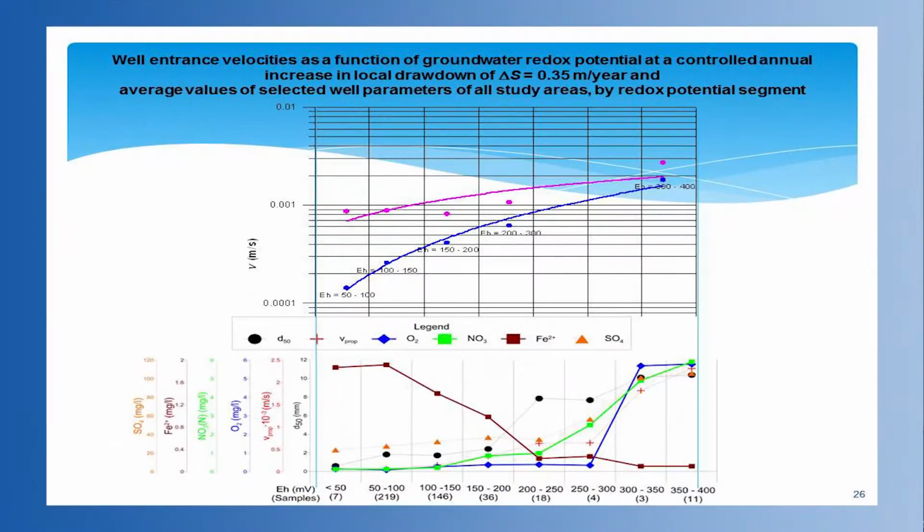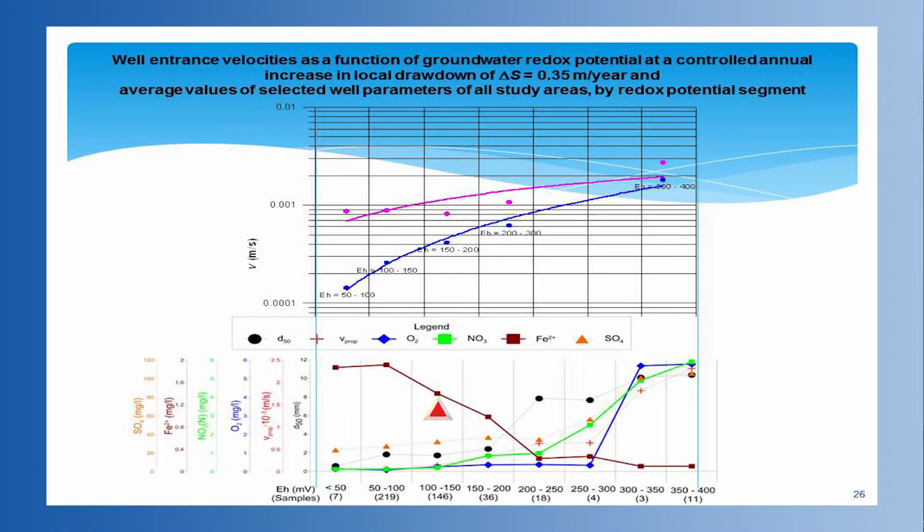Here you have the same, but a little bit more tidy, because we have joined the wells in sections of redox. The blue line is the critical velocity due to redox, and the red line is the filter stability criterion. Down below you can see some chemical parameters.